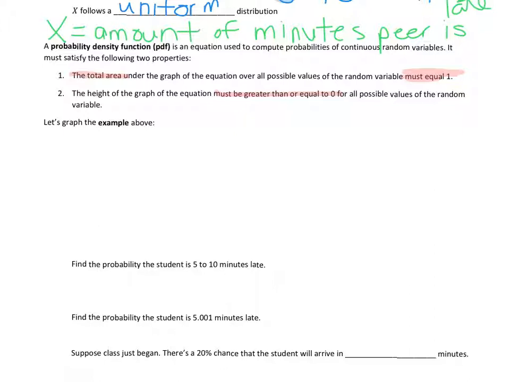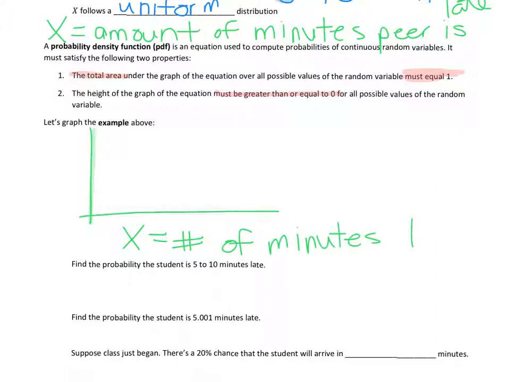Okay, so let's graph the example above. From what we just said, we know the height has to be positive. X is going to be horizontal, so it'll be number of minutes late, and X can be from 0 to 15.